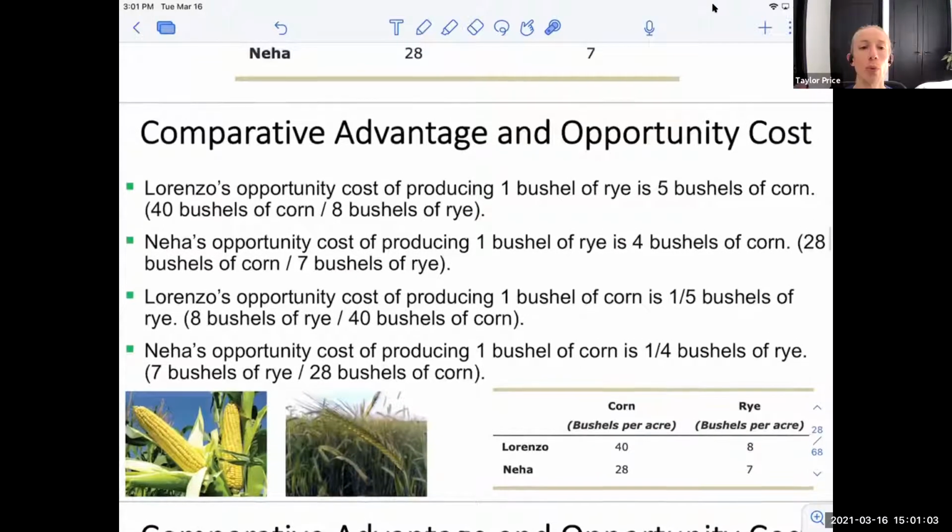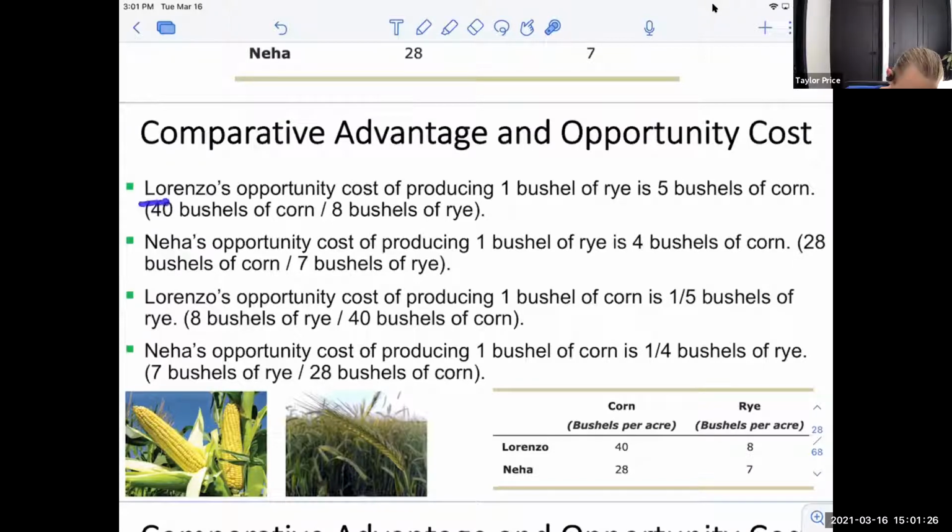Okay, so when we're looking at comparative advantage, this is what we should think about. We already went over the process, but just to reiterate what it looks like when you're saying it, or how it could look on the exam.